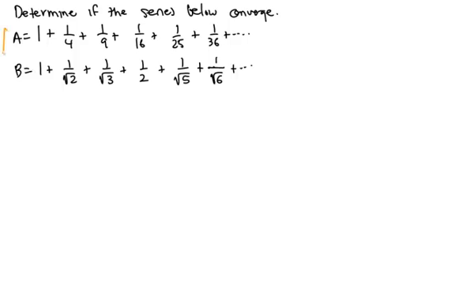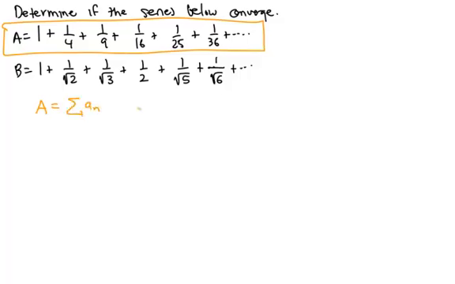So, let's focus on the A series first. In the A series, we're adding up the terms 1, a fourth, a ninth, a 16th, a 25th. So if we write A as the summation of a_n, and we can find a formula for the a_n's, perhaps we can use our integral test. Well, let's see. The numerators in each one of those fractions is always a 1.